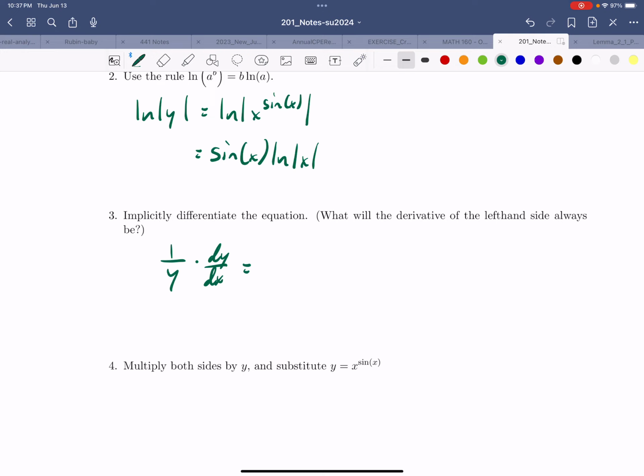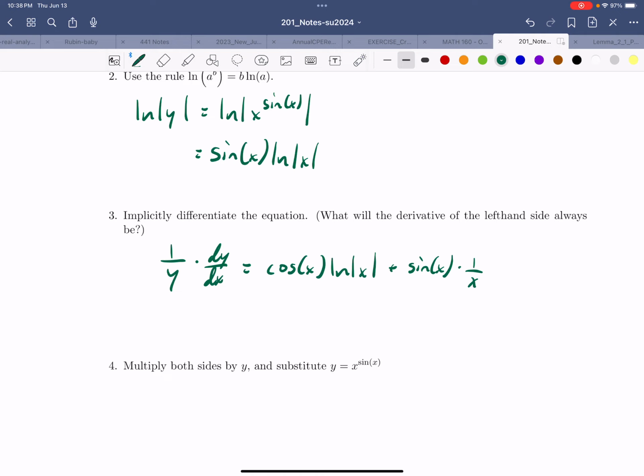Okay. So then at this point, we have to differentiate the right-hand side. And note that we've got a product rule here. All right, and then plus sine of x times 1 over x, right?